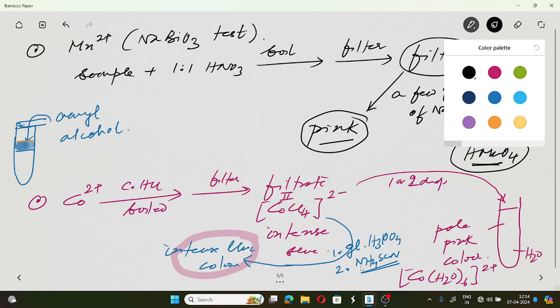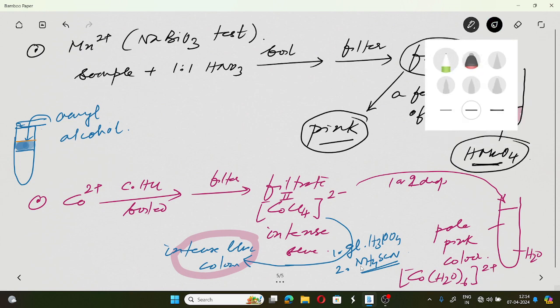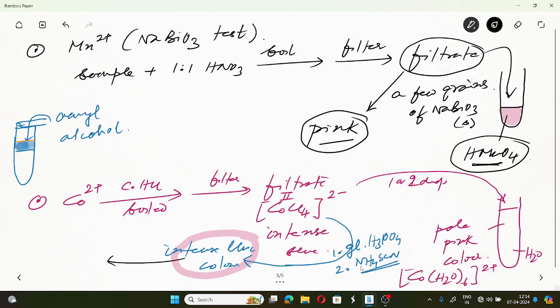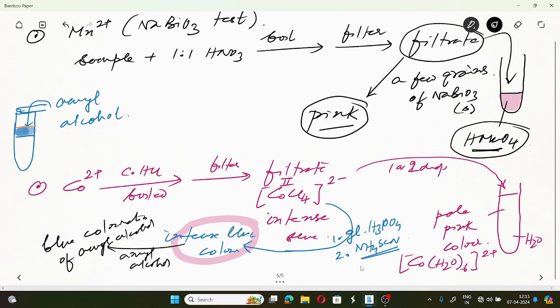So when you add amyl alcohol, the amyl alcohol layer will turn blue. So this is how you can confirm cobalt 2 plus in solution.